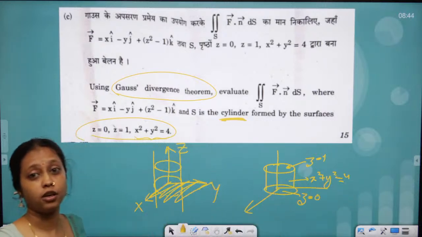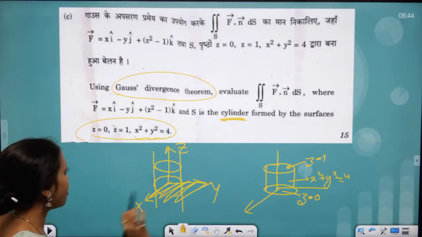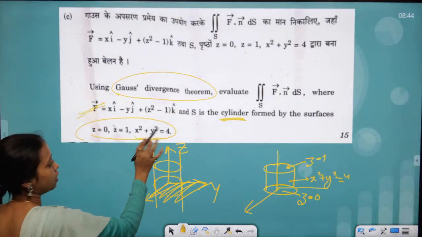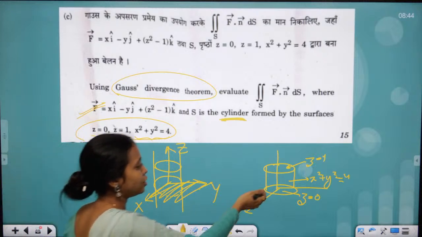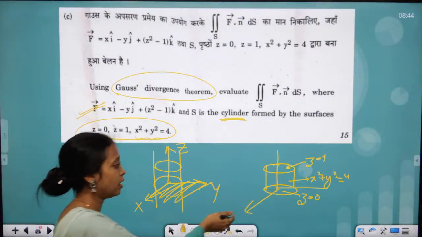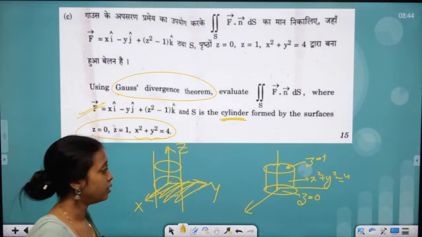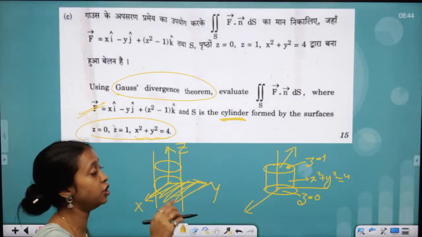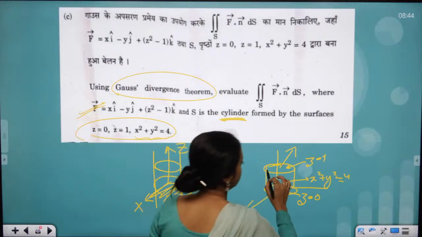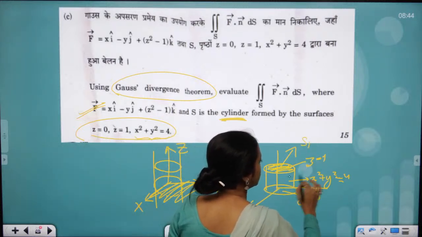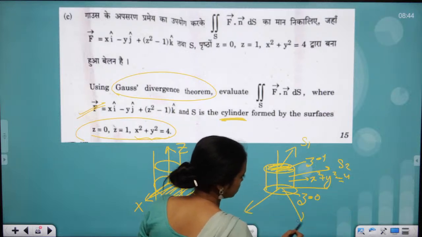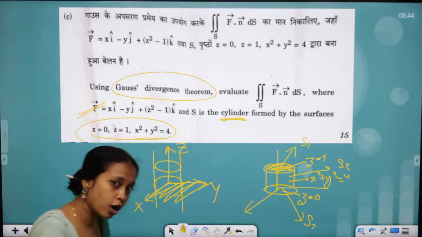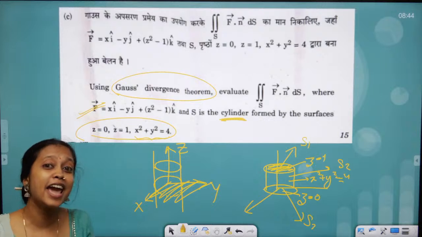Same question we have done, exactly the same. I think F may be different, I don't remember about the F, but as soon as I made this diagram, same question. Remember we divided this question into 3 parts: surface S1, surface S2, and surface S3, because for each of them you get a different n cap.